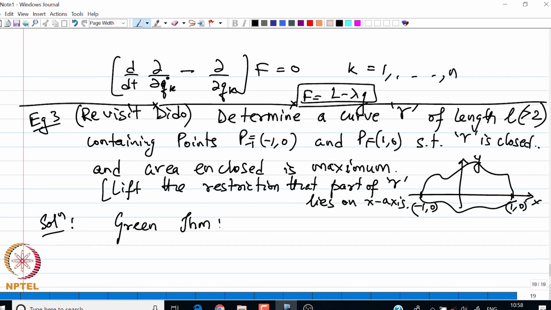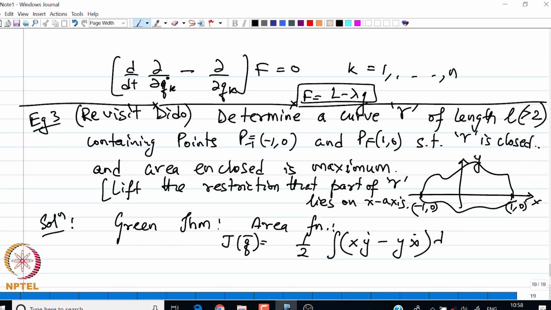My Green's theorem says that my area functional is given by J of q bar, which is equal to half integral of (x y dot minus y x dot) dt. My parameter is t and the dot denotes the derivative with respect to t. This can be readily found from any standard multivariate calculus text.